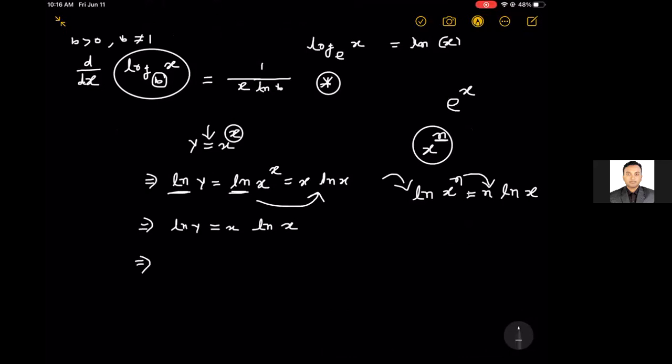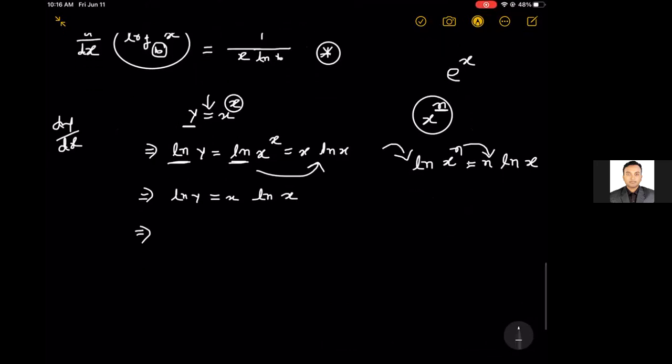Now remember, I want to find the derivative of this particular y in terms of x. So obviously, I need to find the derivative on both sides now because we have functions on both sides. So what's the derivative of natural log of y in terms of x?